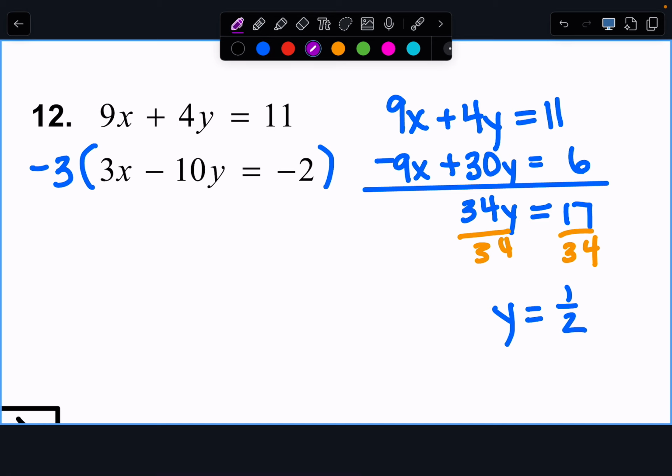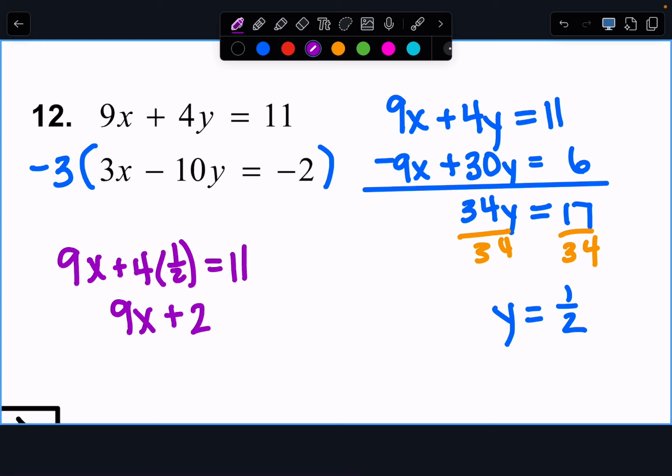Which means when we plug it back in, 9x plus 4y equals 11. 4 times 1/2. Well, that's pretty nice. Right? What? No. X is 1. Joey, you're full of crazy things to say today.